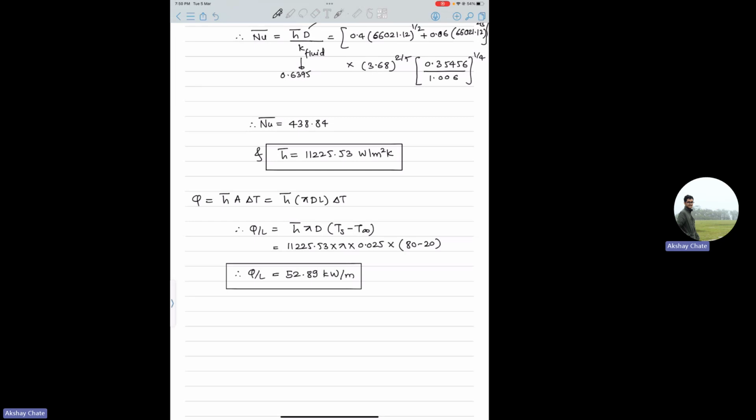Otherwise, first you calculate the Reynolds number, then you look for the suitable correlations, and then it depends on what is asked in the problem. A sample problem will have an H bar calculation, then a heat transfer calculation. The fin problems will have you first calculate H bar, then use that H in the fin formulas to get the fins. Or there will be some comparative questions where they will give you two different separate fluids or properties, and then you have to compare.